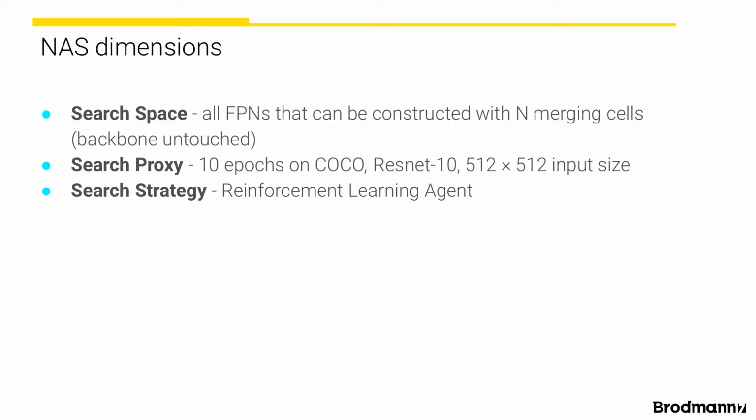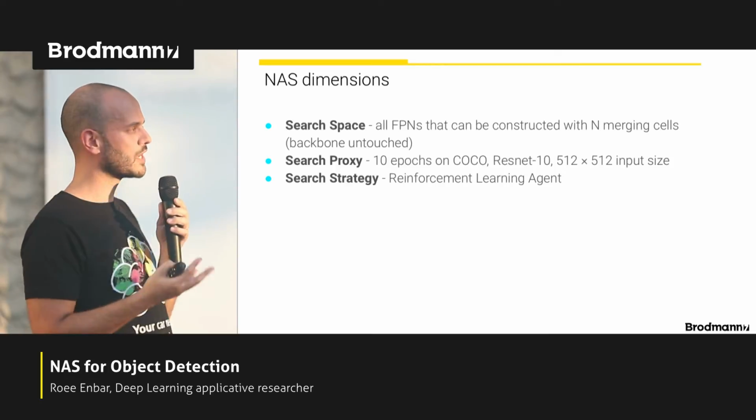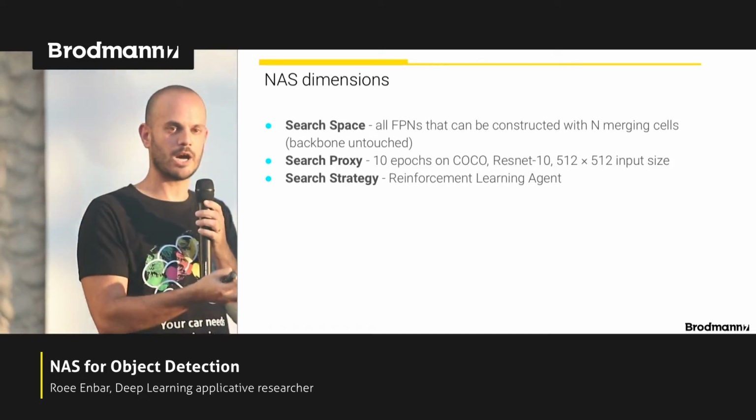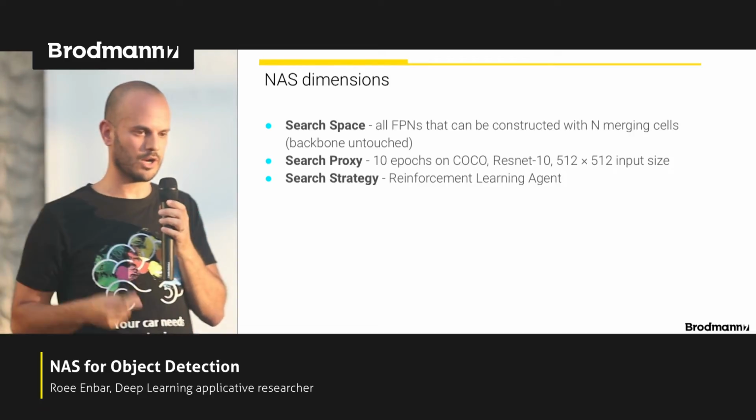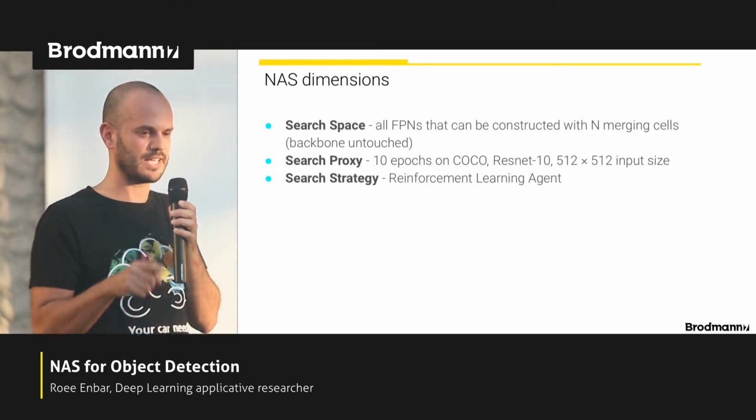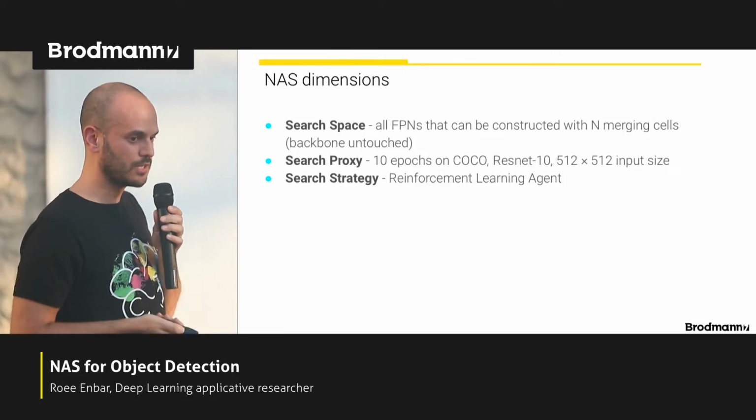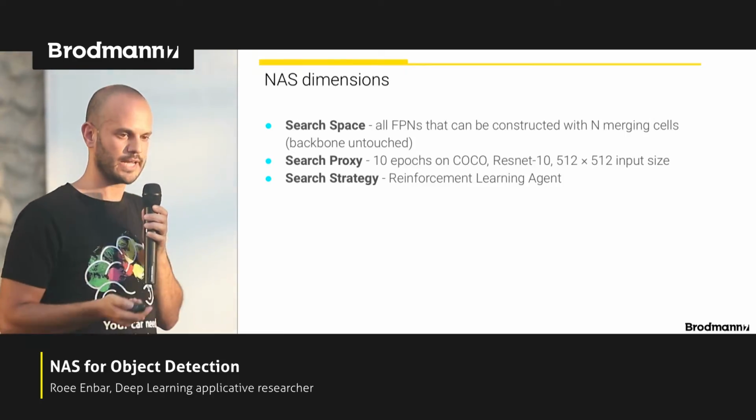So everything will be a lot quicker. Obviously, whenever we use a proxy like this, we really cross our fingers and hope that there is a strong enough correlation between the proxy output and the output of the model if we had trained it on our task. The strategy they use is, again, a reinforcement learning agent.